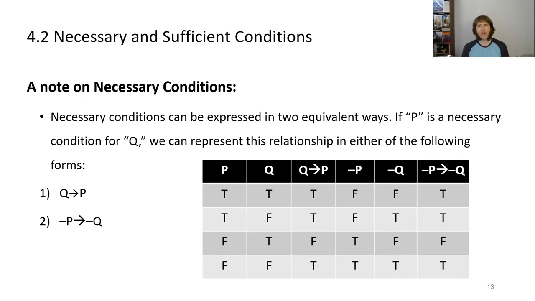Whenever P is false, not P is true, and the same with not Q. We then fill in the truth value of the complex statement, if not P, then not Q, based on the values of not P and not Q.